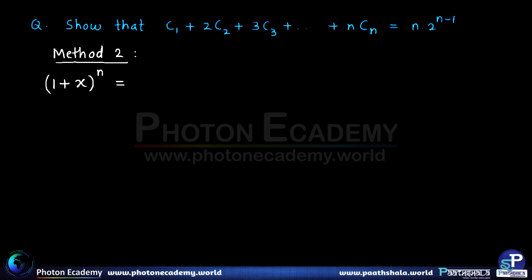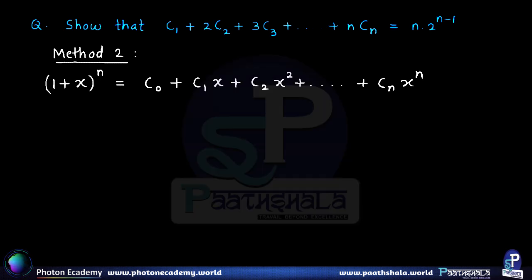Now we know that this is equal to C0 plus C1x plus C2x square plus so on up to Cn x raised to n.